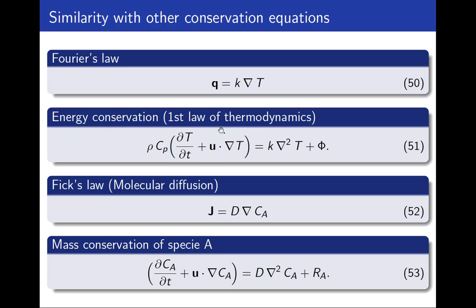And then the only way you can modify the energy of your fluid is if you apply some work to the fluid. So, for instance, you can modify the energy of the system if you apply some mechanical work.